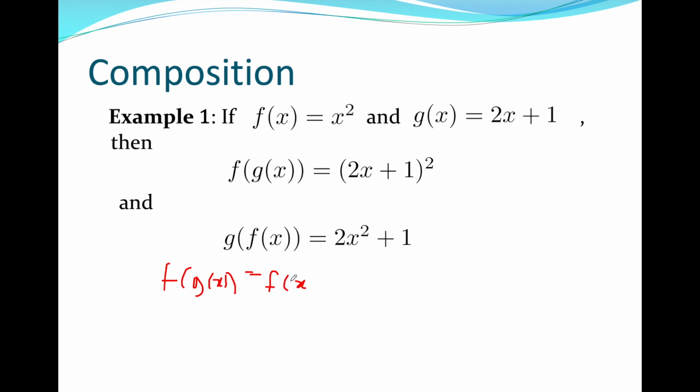So replace g(x) with 2x plus 1, and f(x) is x squared, so the x in this function f is actually 2x plus 1. So we get (2x plus 1) squared. This is the result for the case of f(g(x)).